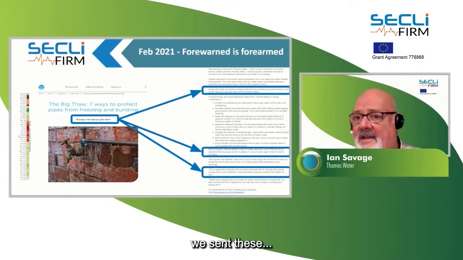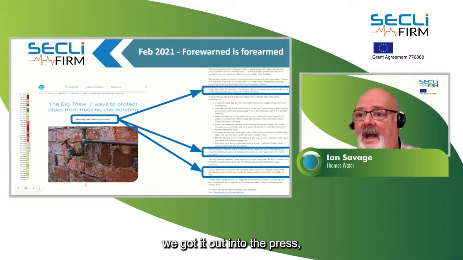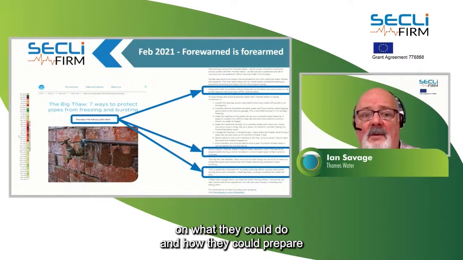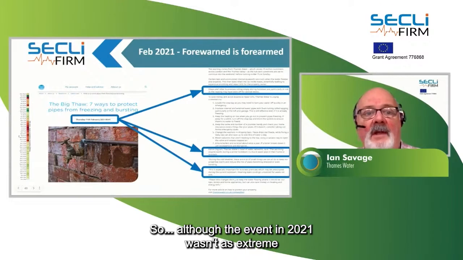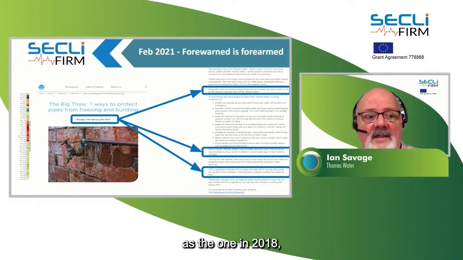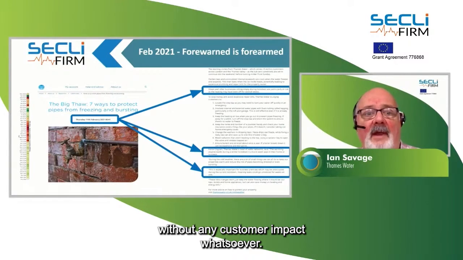We put this message on social media and got it out into the press. We gave people tips on what they could do and how they could prepare and react to burst pipes. So although the event in 2021 wasn't as extreme as the one in 2018, we actually sailed through without any customer impact whatsoever. Thank you.